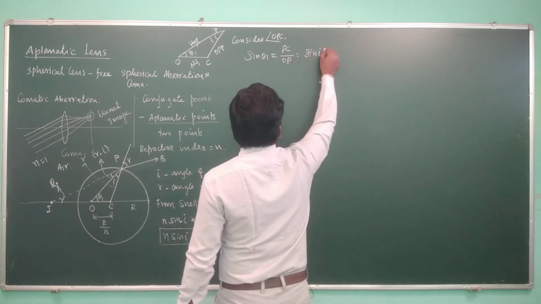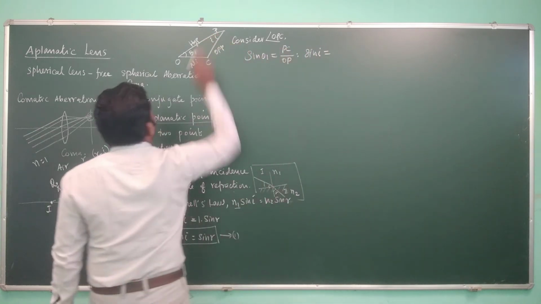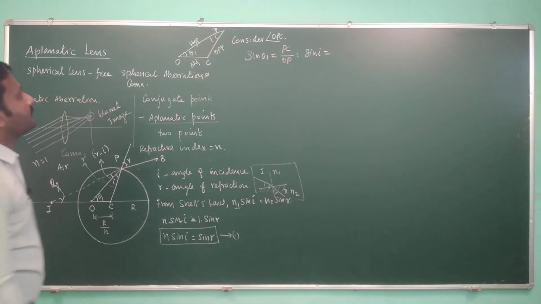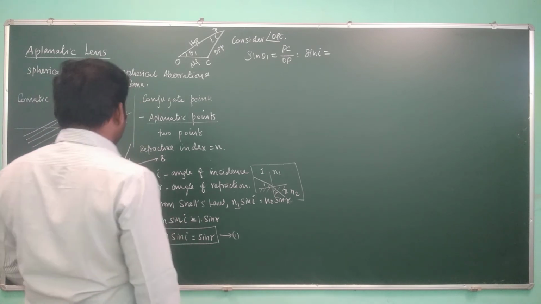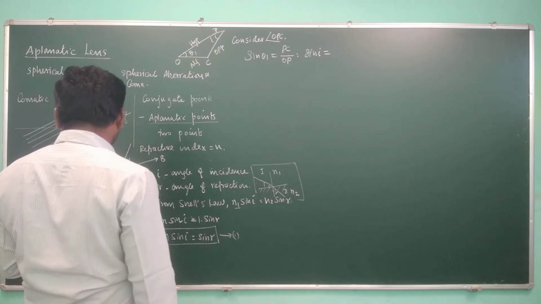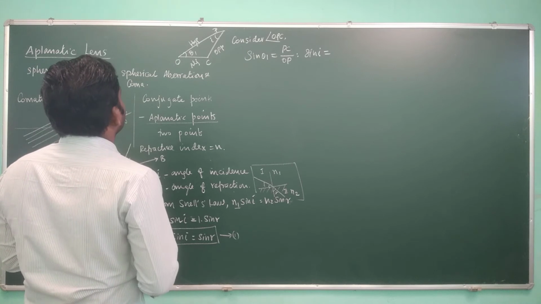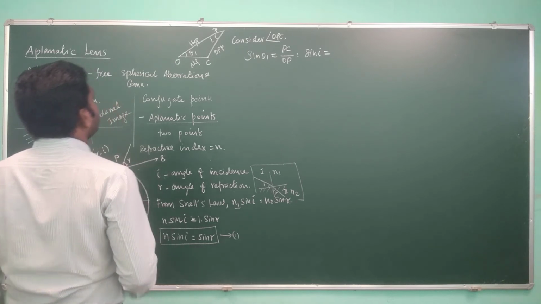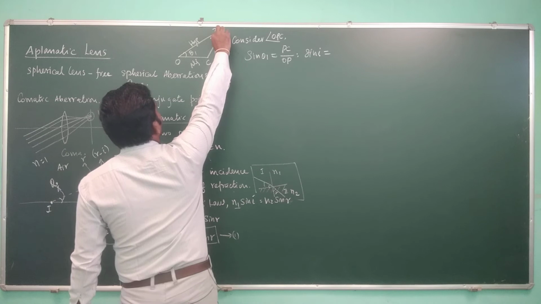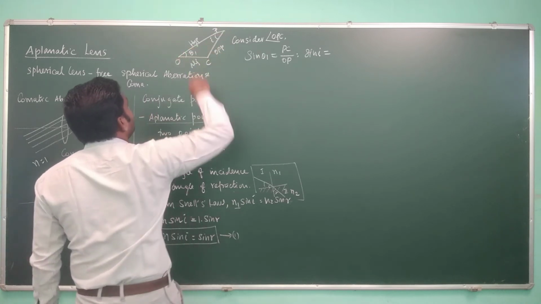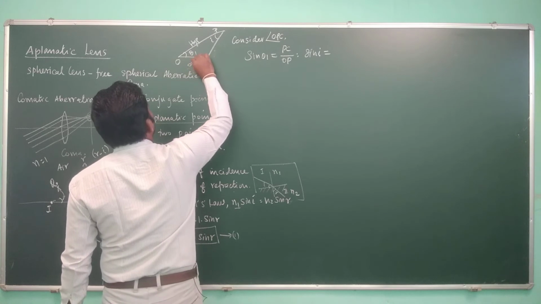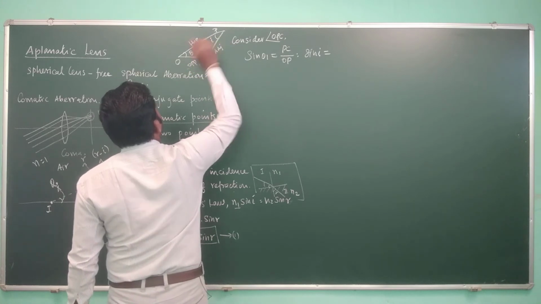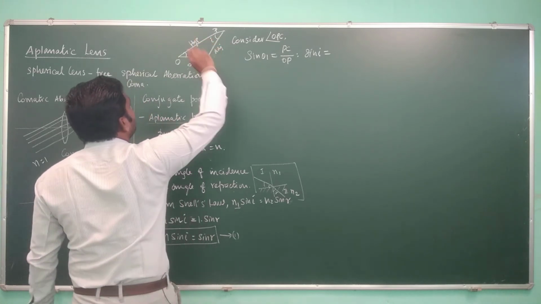Similarly we can write sin I. For sin I, if you look from this side, this is the opposite side, this is the adjacent side, and this is the hypotenuse.